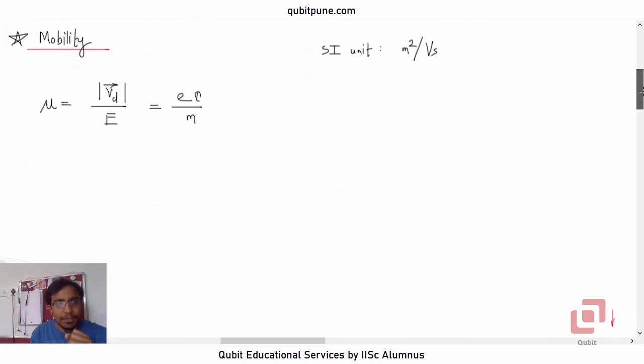We also define one more quantity called mobility. It is a scalar quantity, and the definition of mobility is the drift speed per unit electric field.